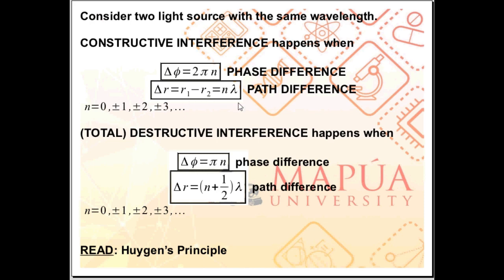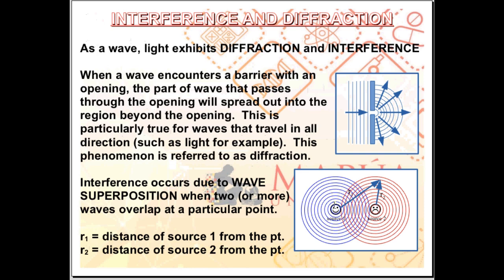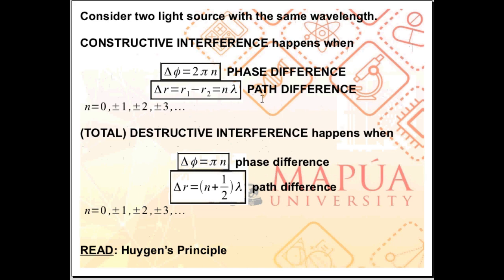So going back to the initial slide, you have r1 and r2. If r1 minus r2 is equal to n lambda, you have constructive interference. n is equal to 0, plus minus 1, plus minus 2, plus minus 3, and so on.